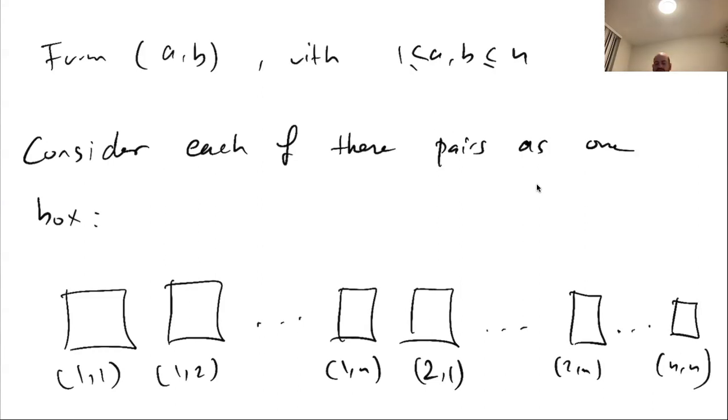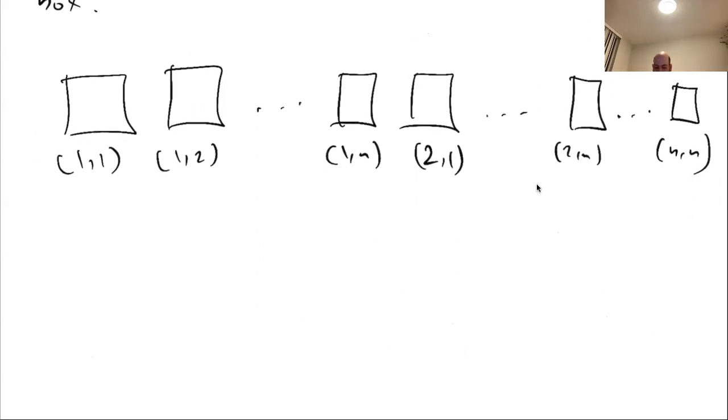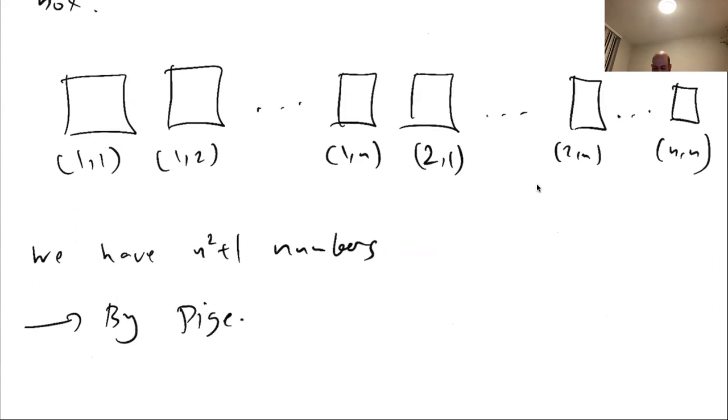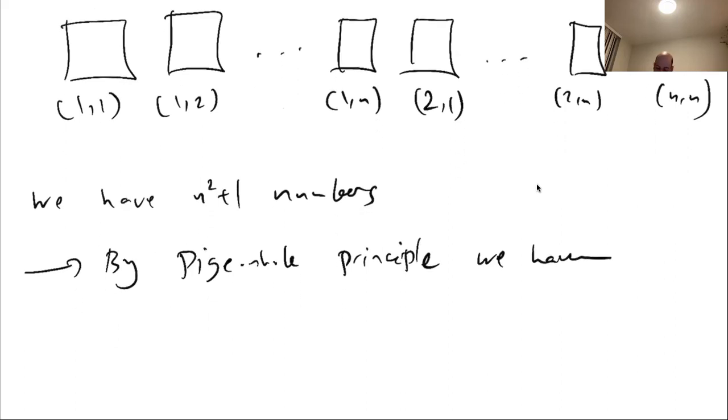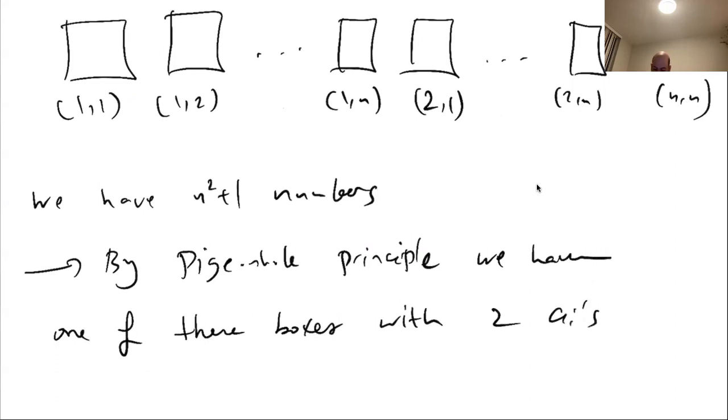So I have n squared boxes. How many objects do we have? We have n squared plus 1 numbers. So by the pigeonhole principle, we have one of these boxes with 2 ai's in it.